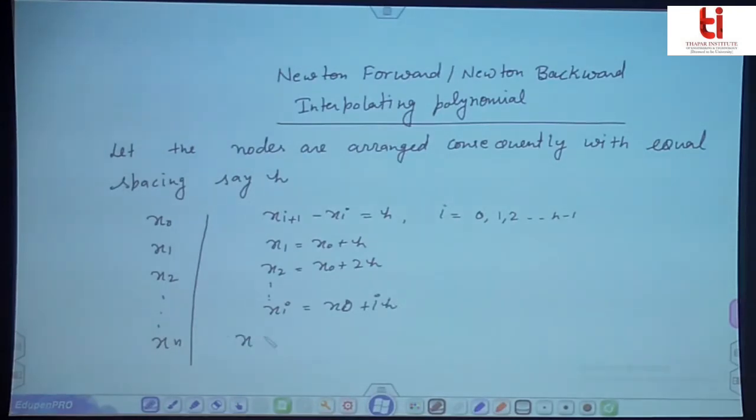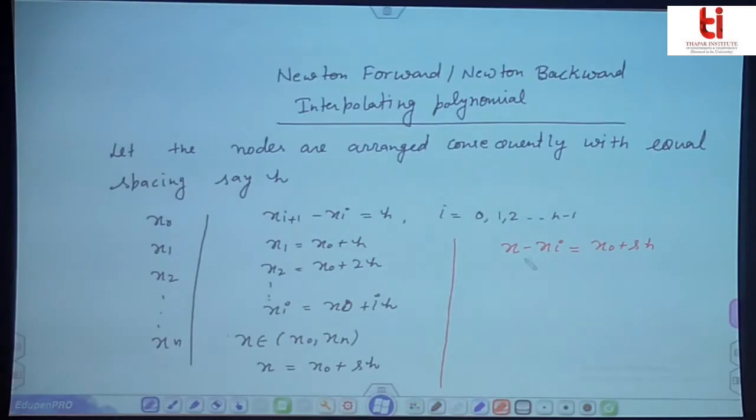Let us suppose x belongs to the interval x0 to xn. x is any point inside the interval x0 to xn and different from xi, then x can be written as x0 plus sh. s is some parameter, x0 is the initial point and h is the spacing.